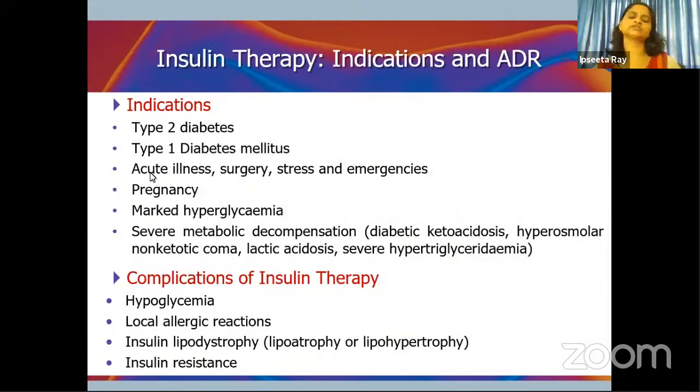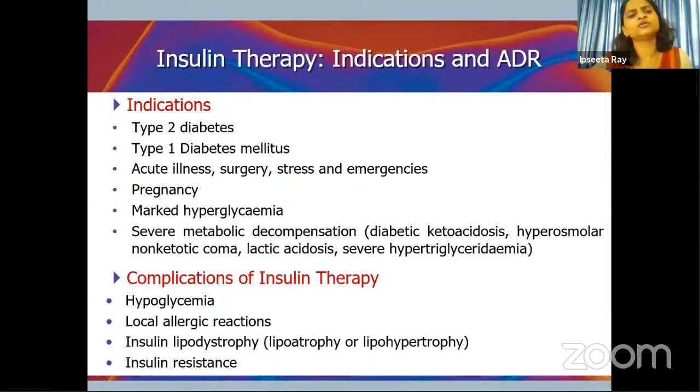Now, what are the indications of insulin therapy? As we discussed, in type 1 diabetes, it's a must drug. In type 2, we can use oral anti-diabetic agents in combination with insulin. In gestational diabetes, most of the oral anti-diabetic drugs are teratogenic. Therefore, insulin is used.